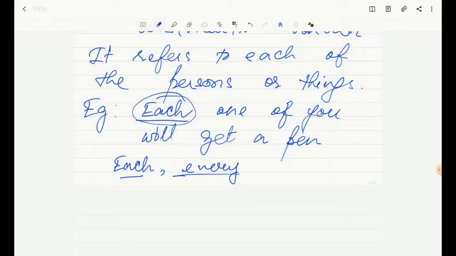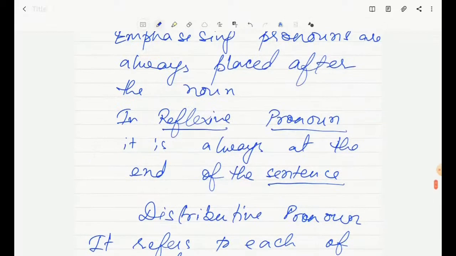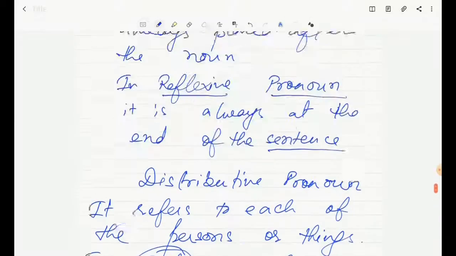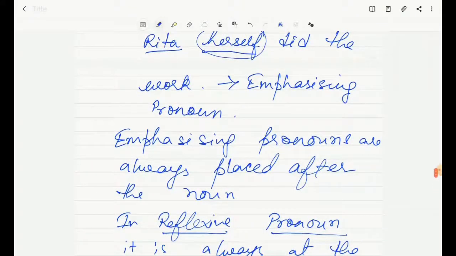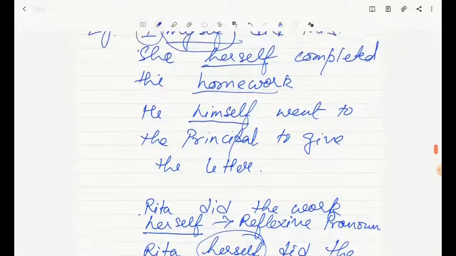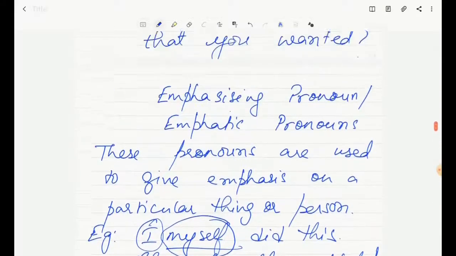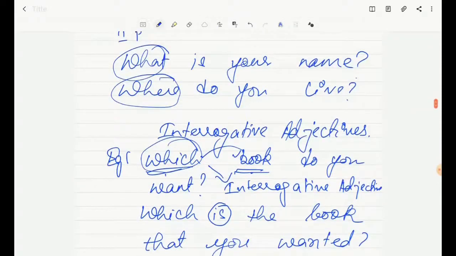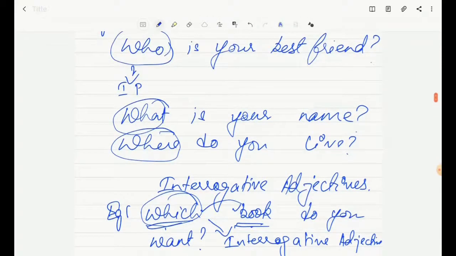So these are the different kinds of pronouns which we learned in today's lesson: the personal pronoun, relative pronoun, reflexive pronoun, emphasizing pronoun, interrogative pronoun, possessive pronoun, interrogative adjective, demonstrative pronoun and demonstrative adjective.